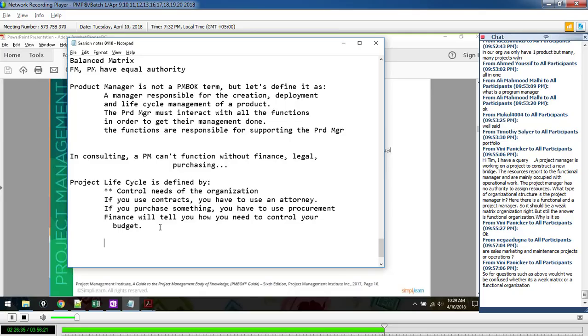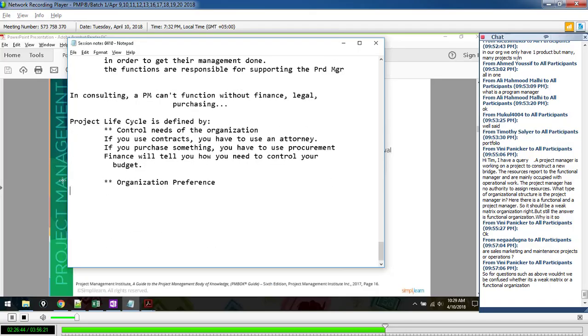We also have organization preference. Let me give you a couple examples and you'll understand what this means. Blizzard, right? World of Warcraft, right? What do they use? They use a software development life cycle because they develop software, right?